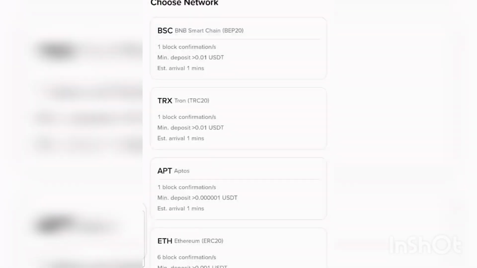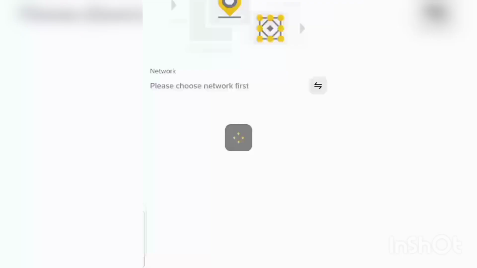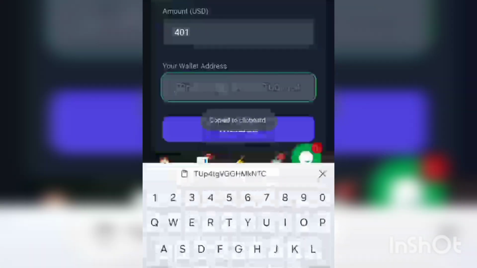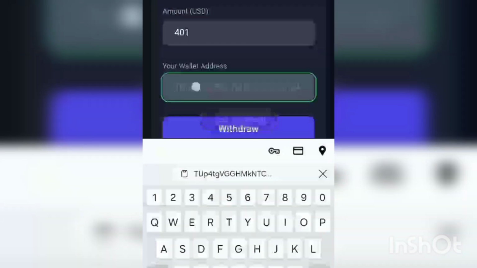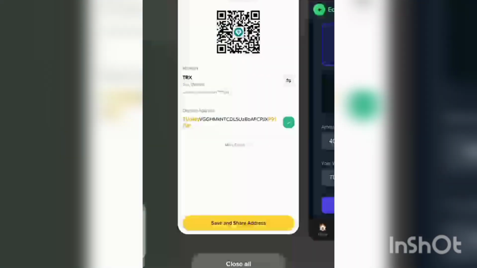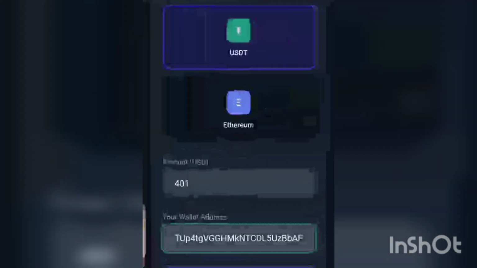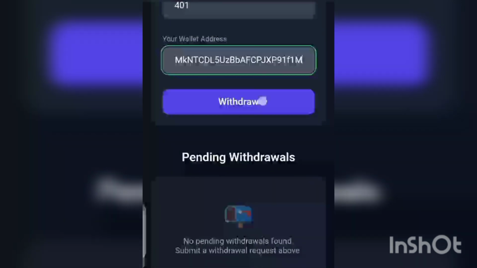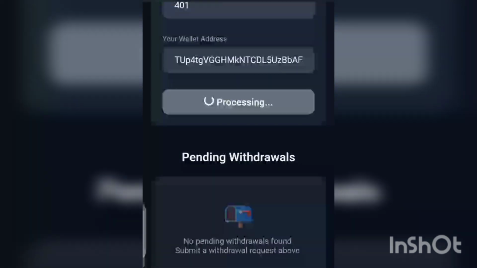So the next thing is to copy Tron, then go back to the bot. We are going to be withdrawing 401, since we made 300 USDT. We made 300 USDT plus our capital, that is 411. So we are going to be leaving 10 USD here to make a withdrawal of 400.